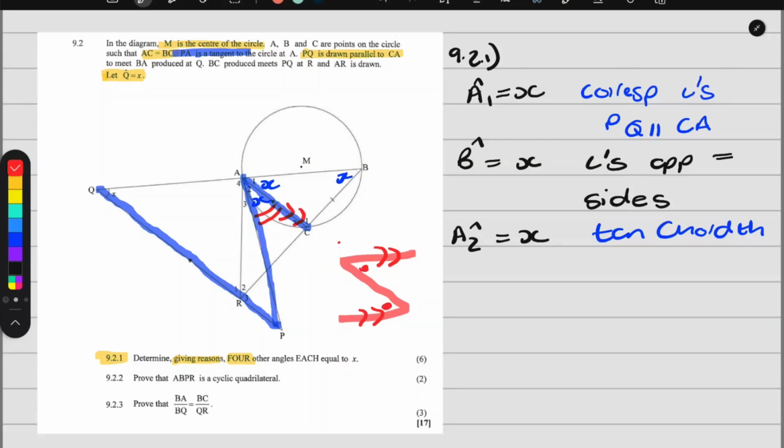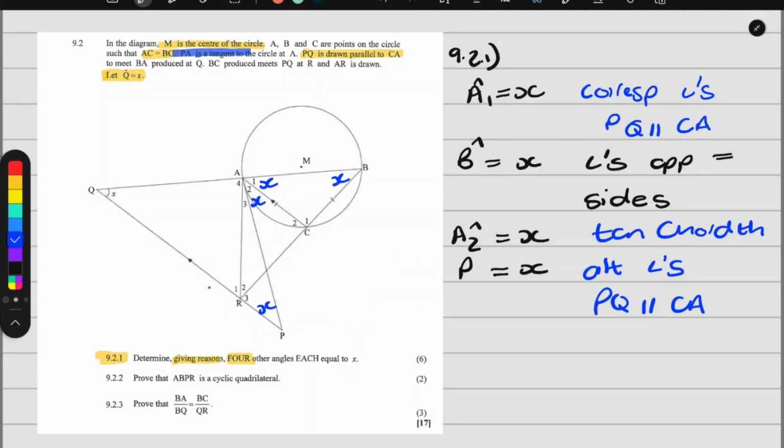So A2 is equal to P. Angle P is also x. That's our last angle. Angle P is also x. And the reason is alt angles, PQ parallel to CA. And there we have 4 angles equal to x.